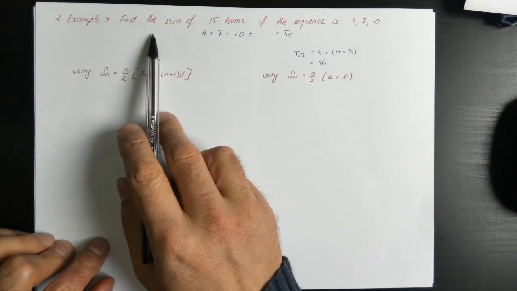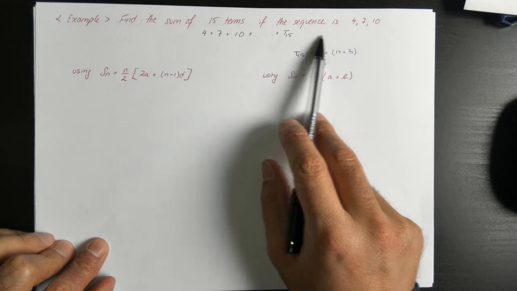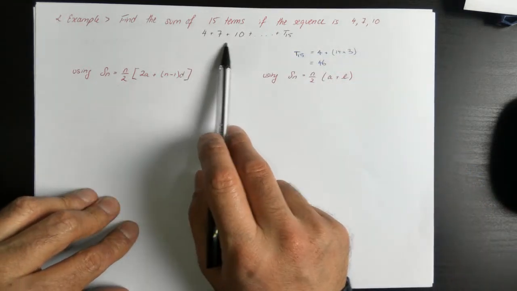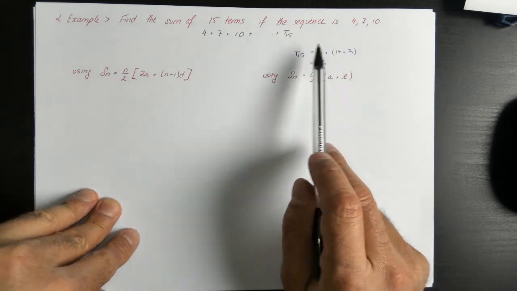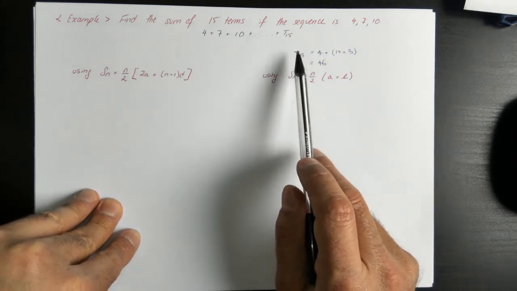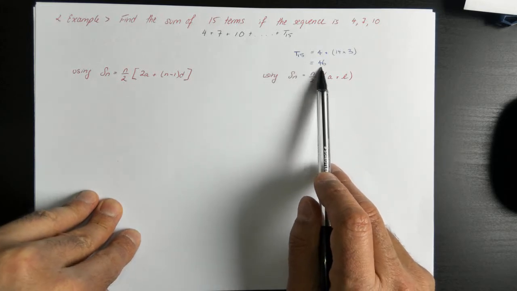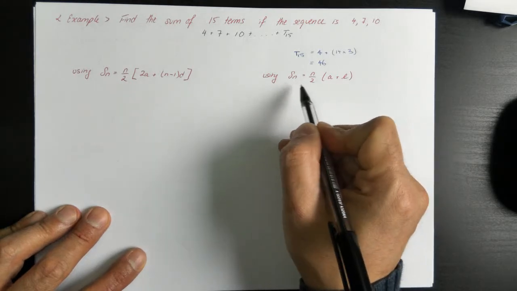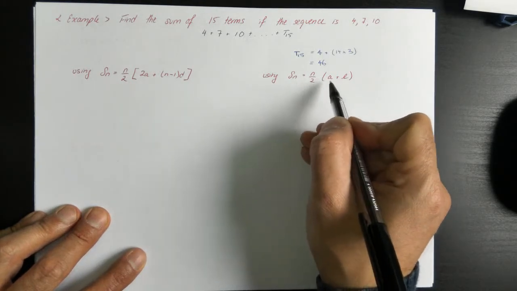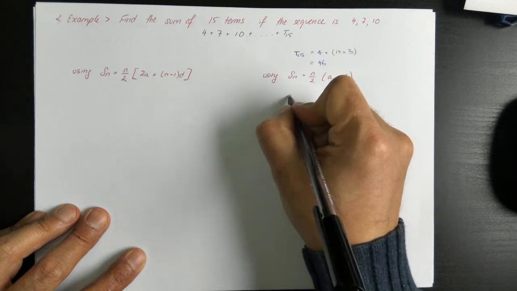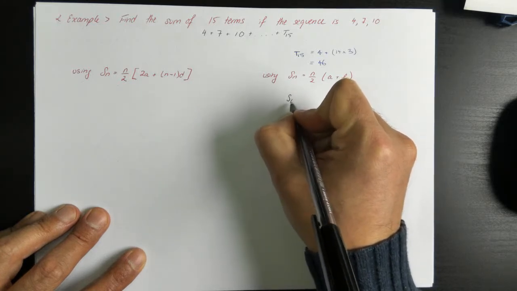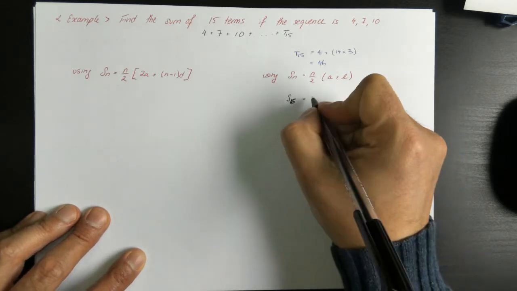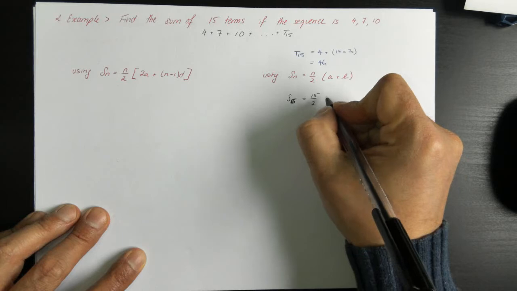Here, let's do some examples. We want to find the sum of 15 terms if the sequence is 4, 7, 10. So we're going to go all the way to the 15th term. Using the formula that we've learned before, the 15th term is actually 46, and the common difference is 3. We're using this formula, Sn is equal to n over 2 multiplied by a plus L. In this case, n is 15, so 15 over 2.